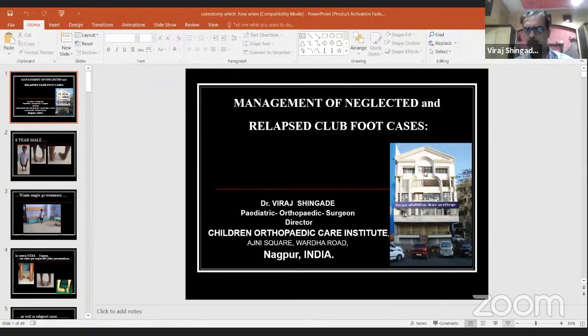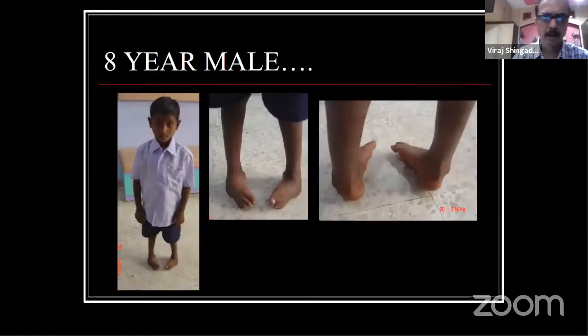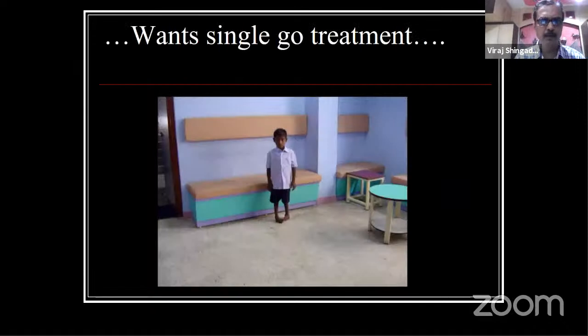I think 10 minutes has been given to me, Ashish. So, there are a couple of interesting cases I would like to present. As we discussed in the last talk, this is an 8-year-old male child who has delayed presenting idiopathic clubfoot, or what you can call a neglected clubfoot.